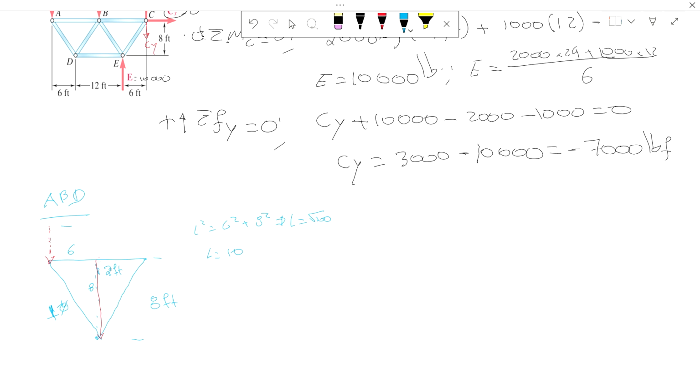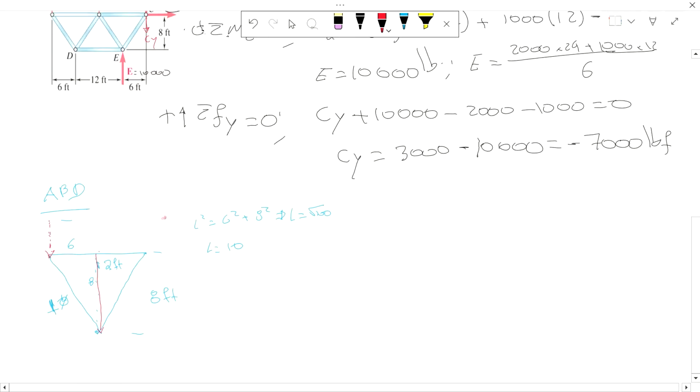Okay, so once we put the force here at A, which was 2000, this is A. Again, if you move it here, it will be the same case. It will just be, this distance will have to be 6. All right, so we have a triangle where we can actually find this angle here if we wanted.